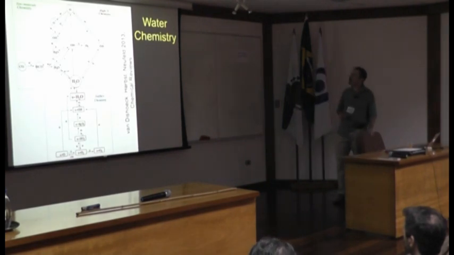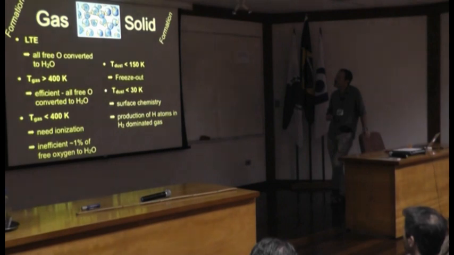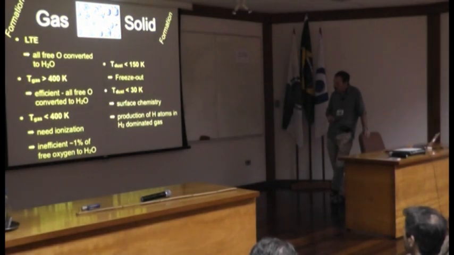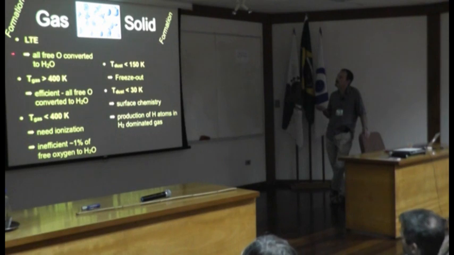I worked through that before, and this is a confusogram anyways. I'll just tell you very quickly what happens. If you're in LTE, that is the forever and a day equilibrium chemistry, all free O will be converted to water. If you're very hot, you'll have tons of water. If you're cold, less than 400 K, that's not cold by interstellar standards, then you need ionization, and the chemistry is very inefficient.